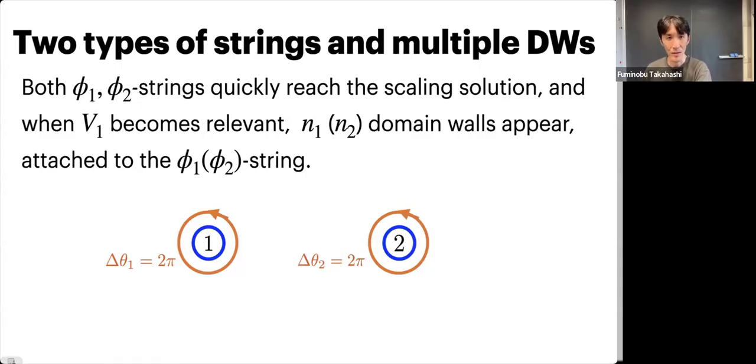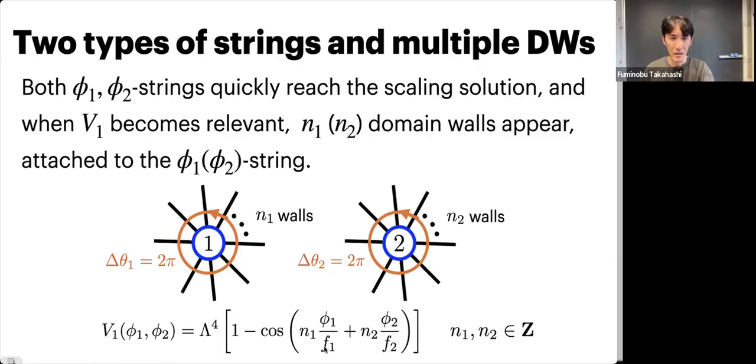Now we introduce the V1 potential. Suppose that we go around the phi1 string as before. Then phi2 doesn't change, so you may simply take phi2 as a constant. As you go around, theta1, or phi1 over f1, changes by 2 pi. Because we have the n1 coefficient, you go up and down the potential n1 times as you go around the phi1 cosmic string.